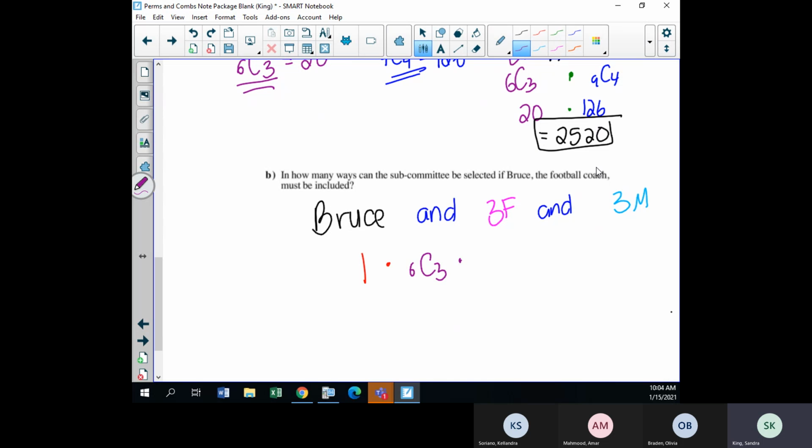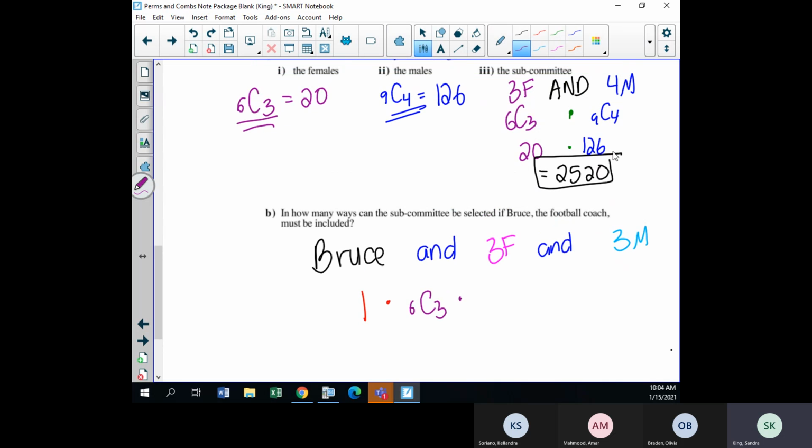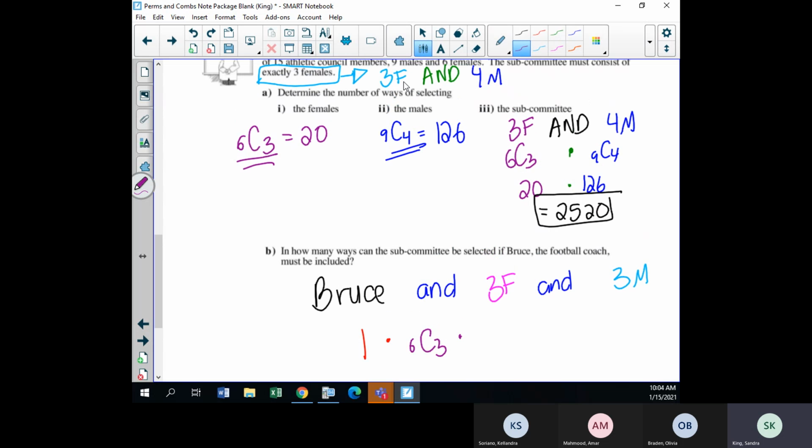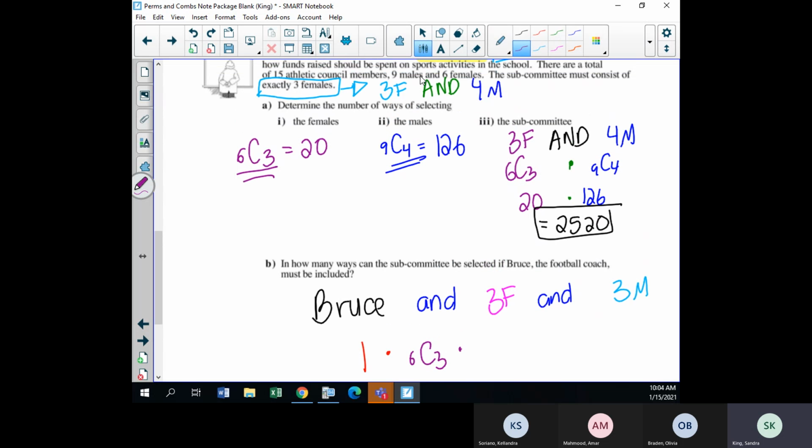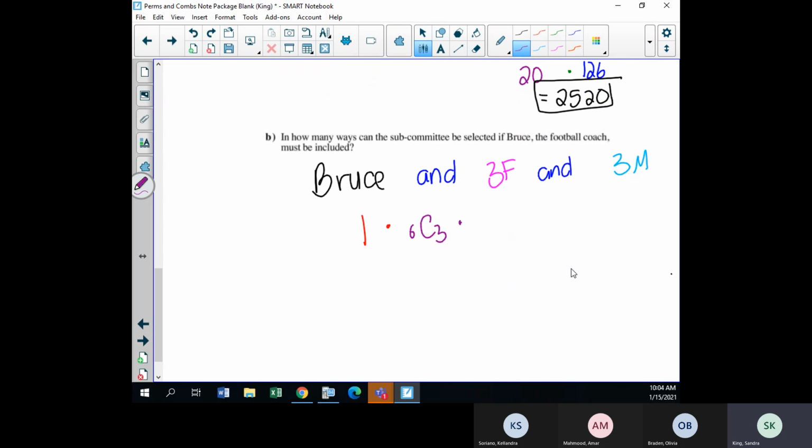Because I can't keep Bruce in the pot, right, to choose them. It's not going to be 9 choose 3 for the males, because I said there was 9 males total. How many males now are there if Bruce is out of the pot? There's 8. So placing Bruce, you've got 8 guys left to choose from. So that would be 8 choose 3.